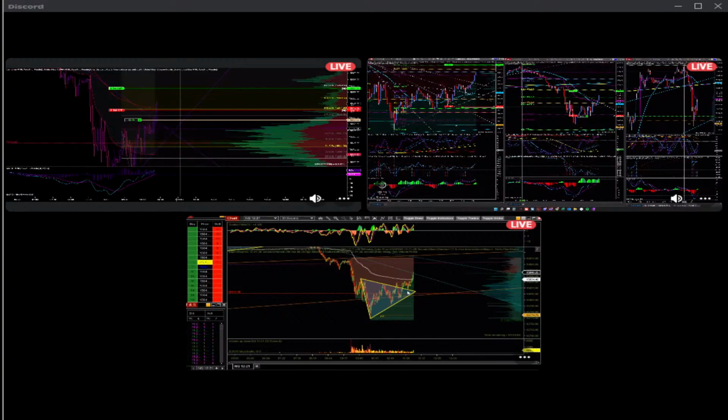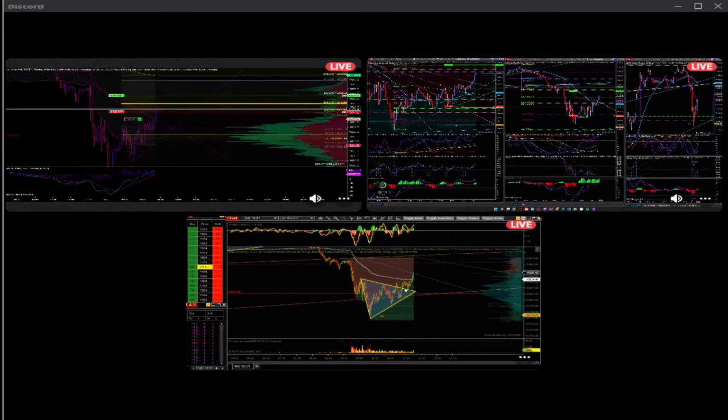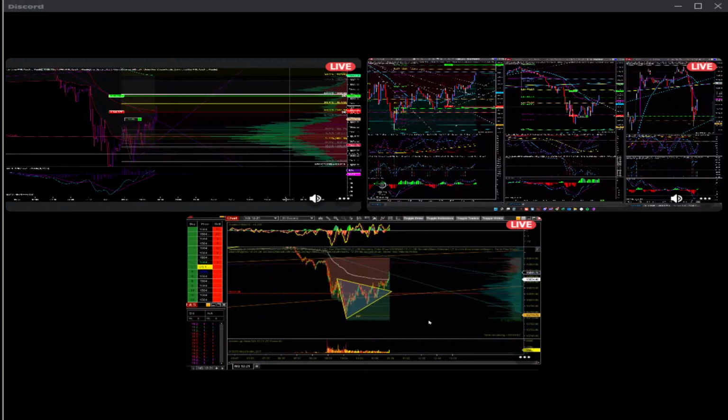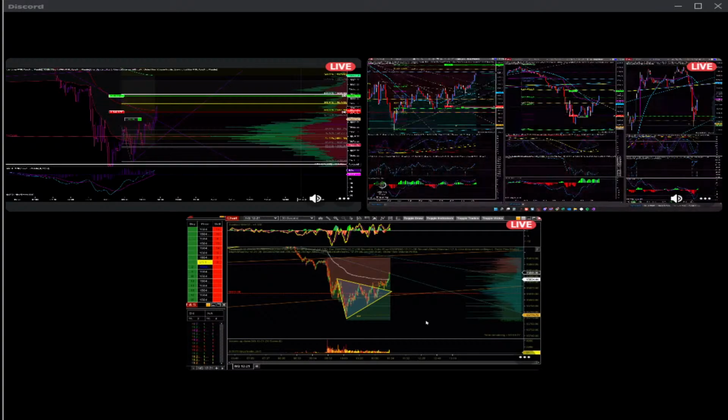Yeah, I probably wouldn't be looking for a long. The challenge with a long is I see multiple points of resistance just north of where you're at. If you look at my right chart, we've got an X, A, B, C, D pattern, and the profit target for that is right where I'm at.